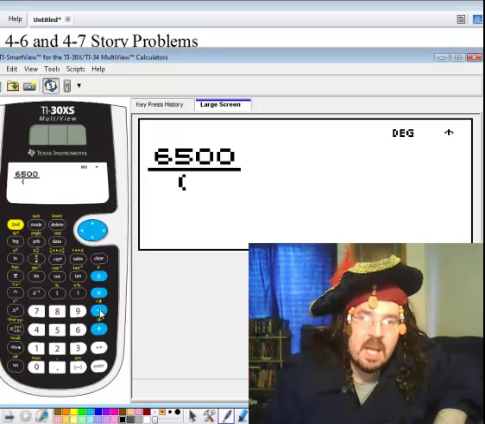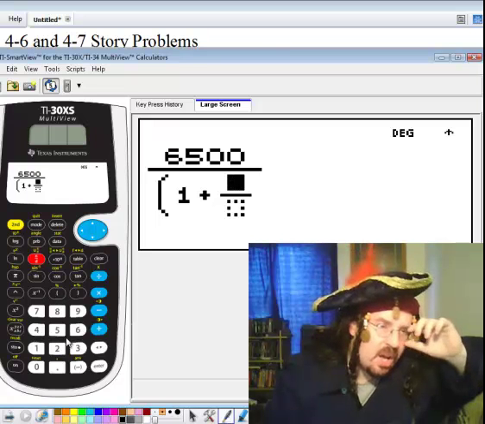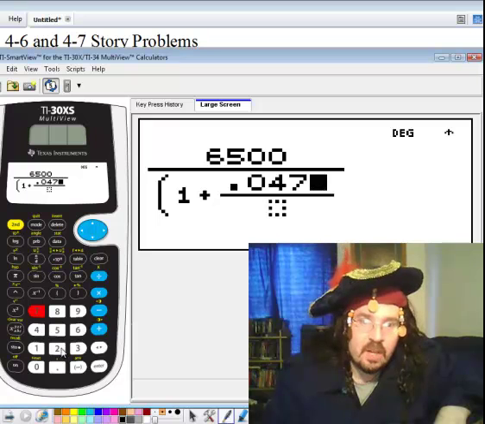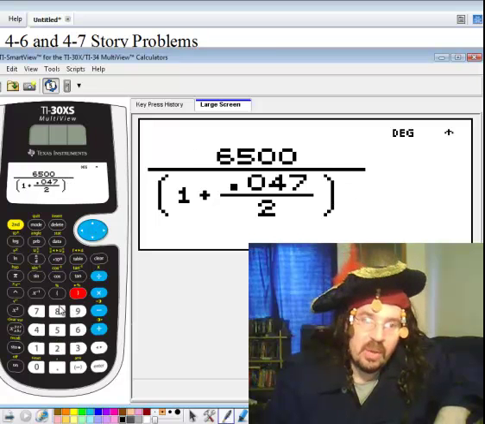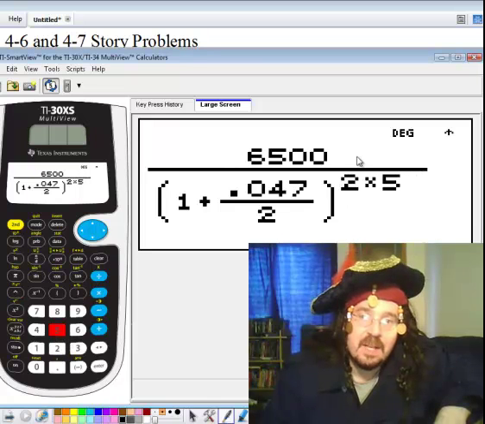And 1 plus fraction button. And then r is going to be 0.047 over 2. And then close your parentheses. And then you're going to multiply 2 times 5 up there.